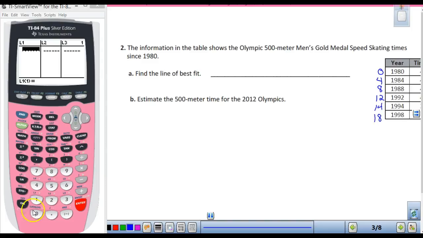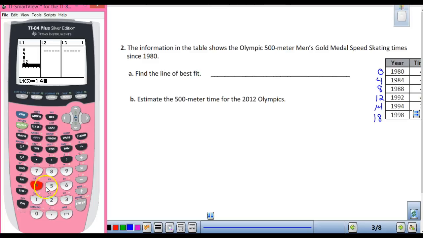So my L1 is going to be 0, 4, 8, 12, 14, 18. And then go over to your L2 and use your paper for that, because you can't see it on mine. So 422, 432, 404.